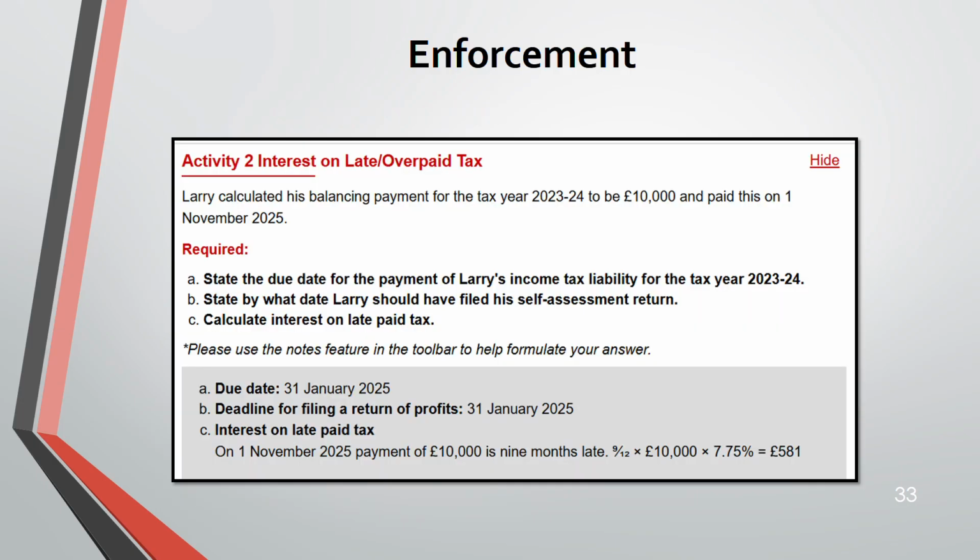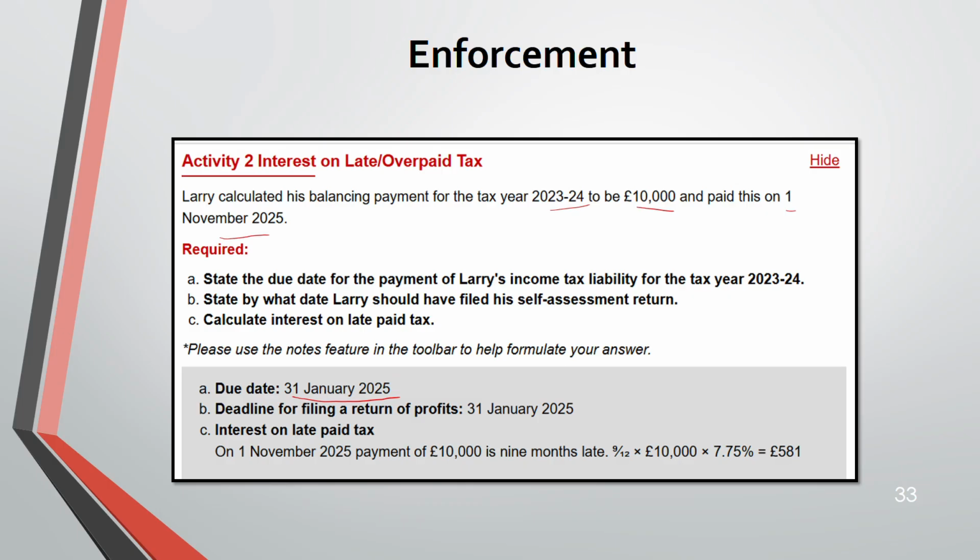Now, activity 2. The balancing payment is 10,000, which is paid on 1st November 2025. Remember this, they have calculated for the tax year 23-24. So you have to see how many months he has been late. When is the filing date? For 23-24, Part A, state the due date for the payment of the income tax liability for the tax year 23-24. Due date is 31st Jan 2025.